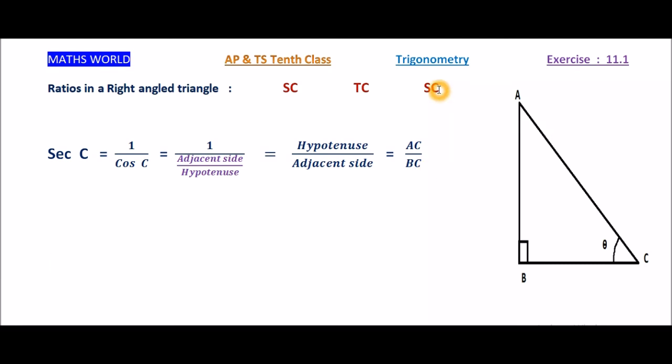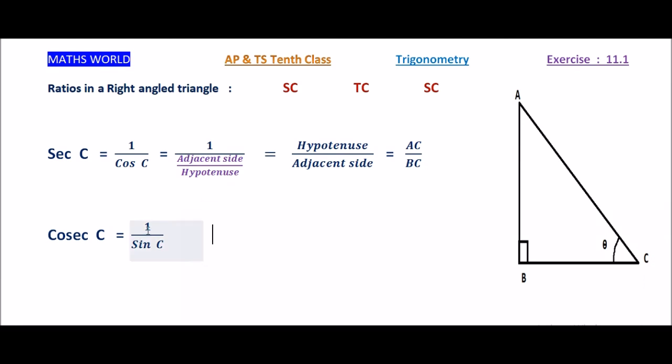Now cosecant C. What is the value of cosecant C? Cosecant C is equal to 1 by sin C. And we know the value of sin C is equal to opposite side divided by hypotenuse.